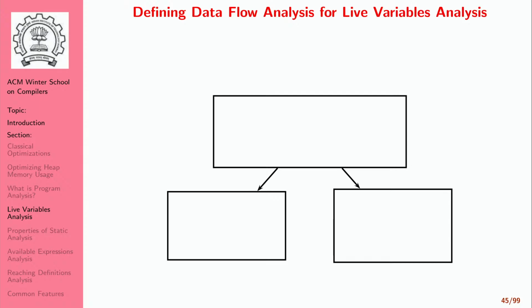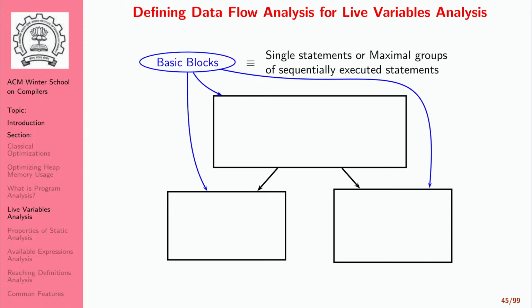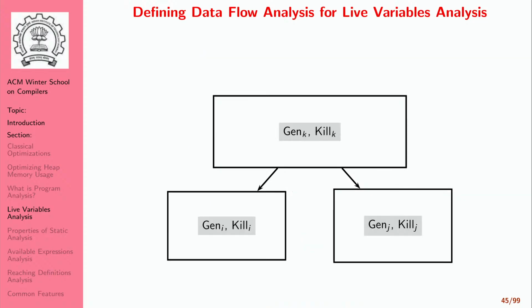So we want to now systematically say how do we discover the set of variables that are live at a program point. So we have these basic blocks. We know in our control flow graph we have these basic blocks and we know what's happening inside the basic blocks. So we have these edges representing control transfers and we associate two sets with each basic block.